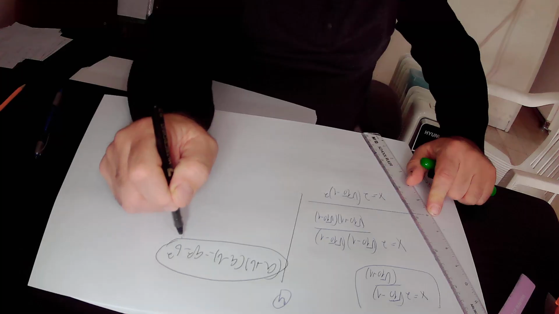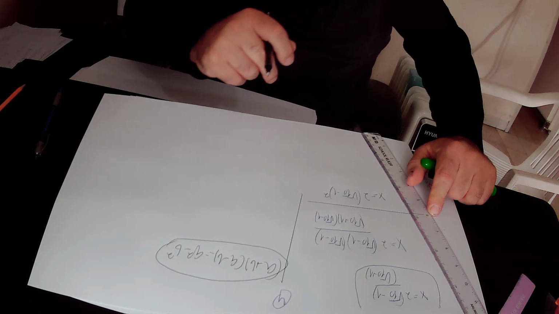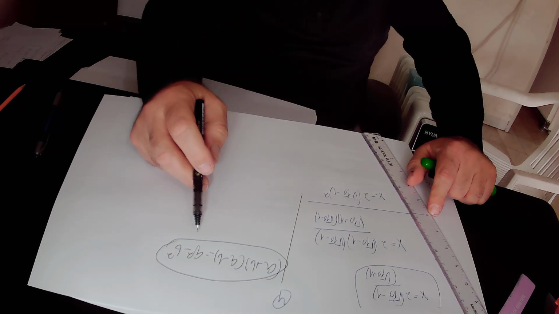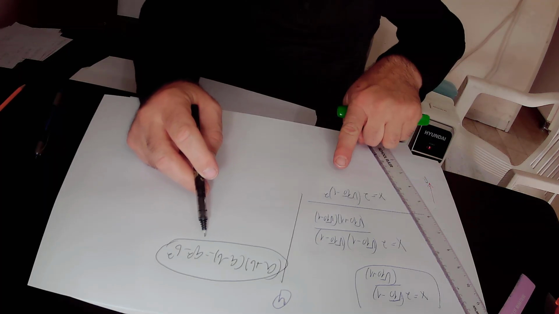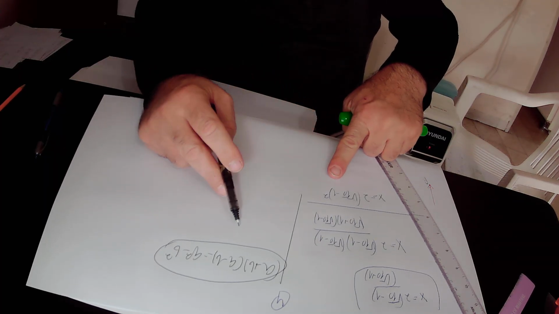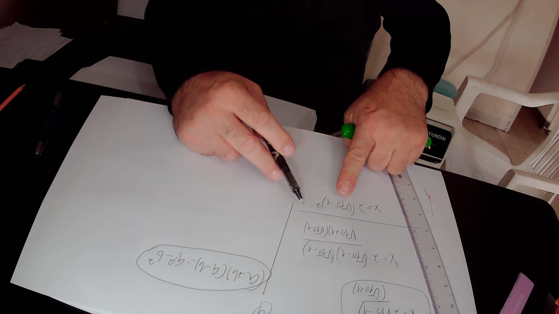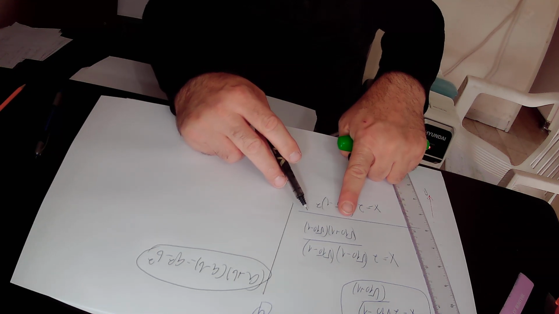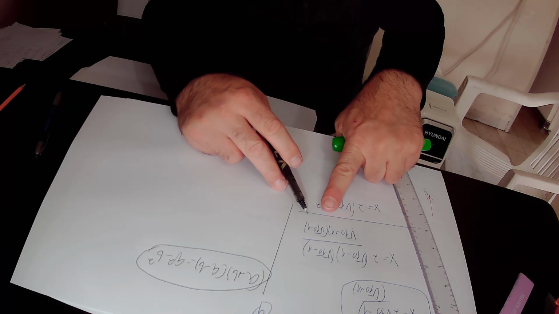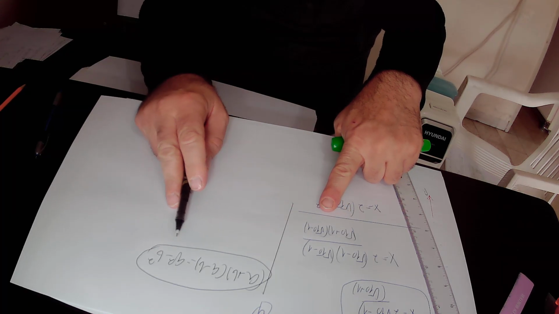So according to this algebraic identity, if you substitute a by square root of 10 and b by 1, we get that square root of 10 plus 1 times square root of 10 minus 1 equals a squared minus b squared.